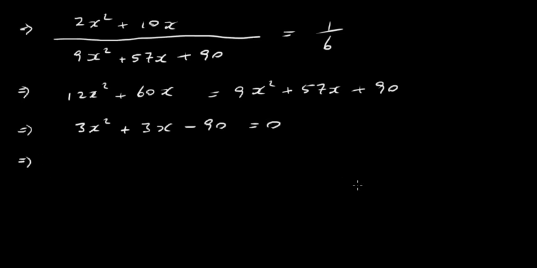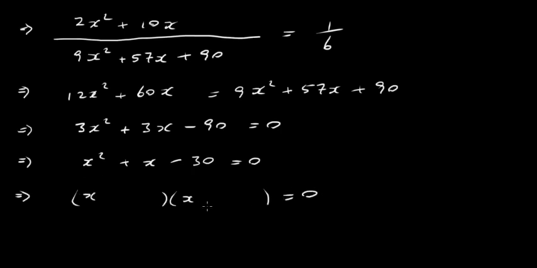Well, you can see this is working out nice and neatly. We can divide across by 3, so you get x squared plus x minus 30 equals 0. What we can do now is work out what x is. So we've got x times x.